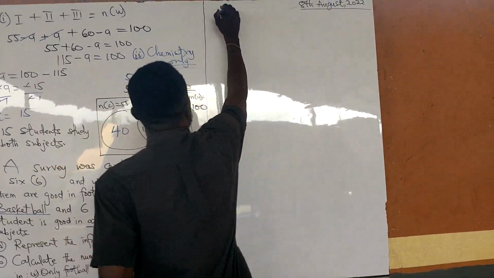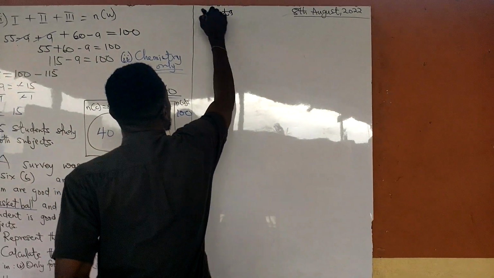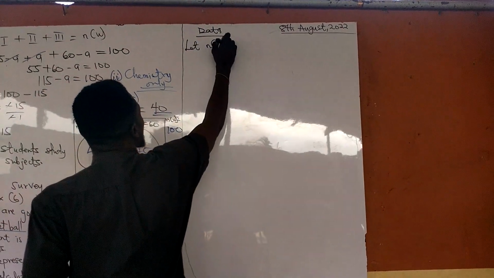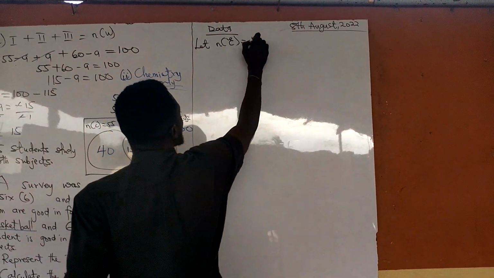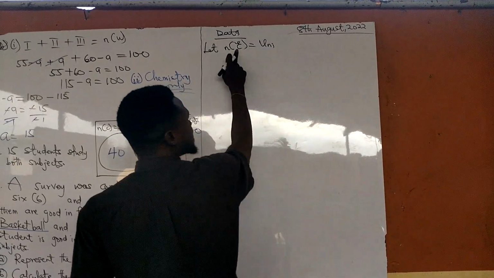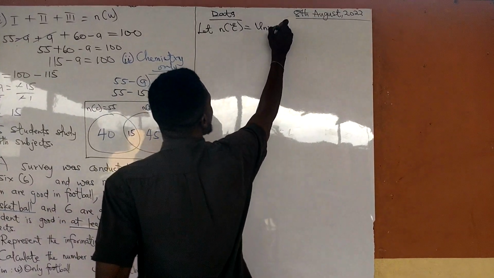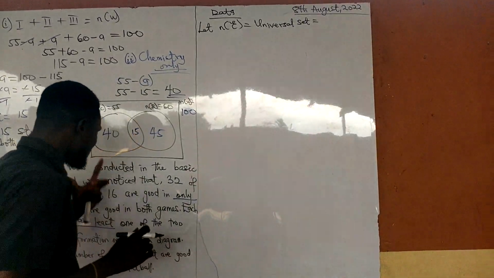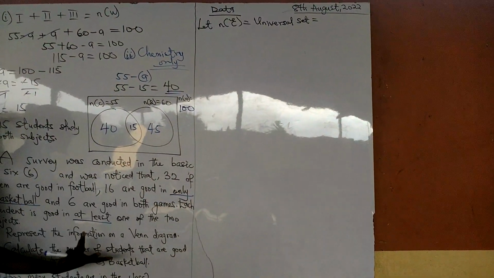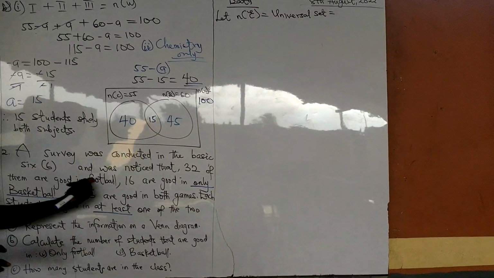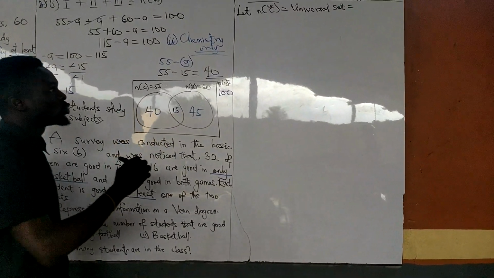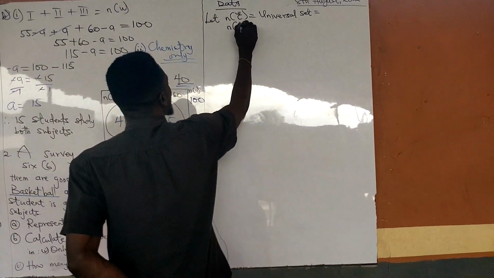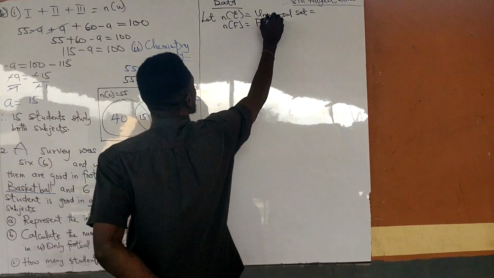So we come here and write here data. To define, we can say let the number, let's say this, be equal to the universal set, also the same as universal set. Then we ask ourselves, what are the two games or subjects mentioned in the question? They've mentioned football and basketball. So the first letter, number F, should be football.